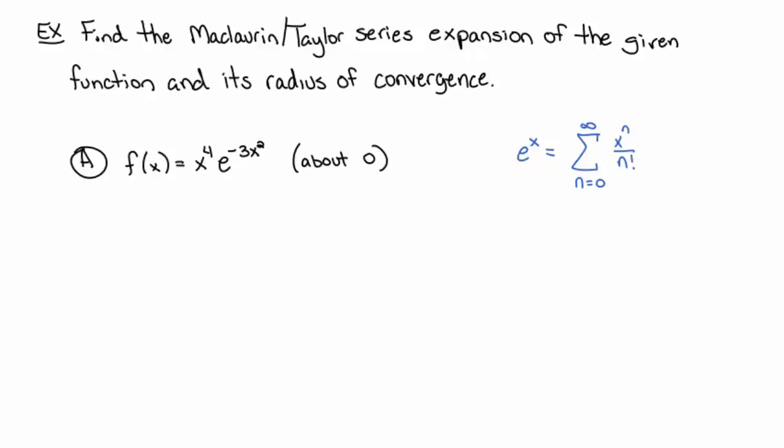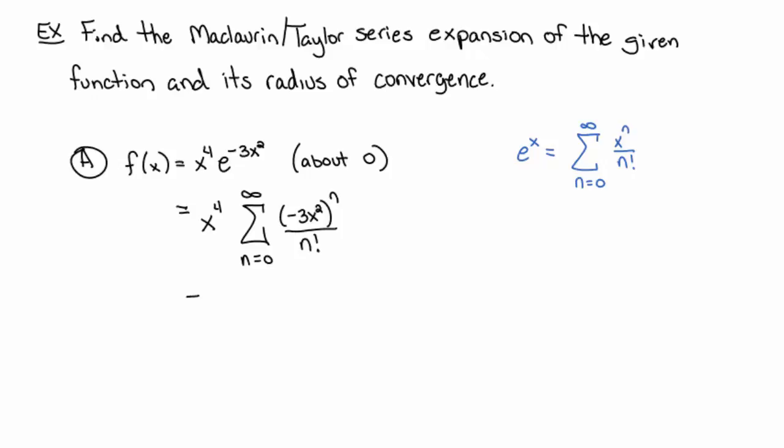Thus, this e to the negative 3x squared, I can replace with the summation n equals 0 to infinity of, instead of x to the n, that's just for e to the x, it's e to the negative 3x squared to the n, and again over n factorial.